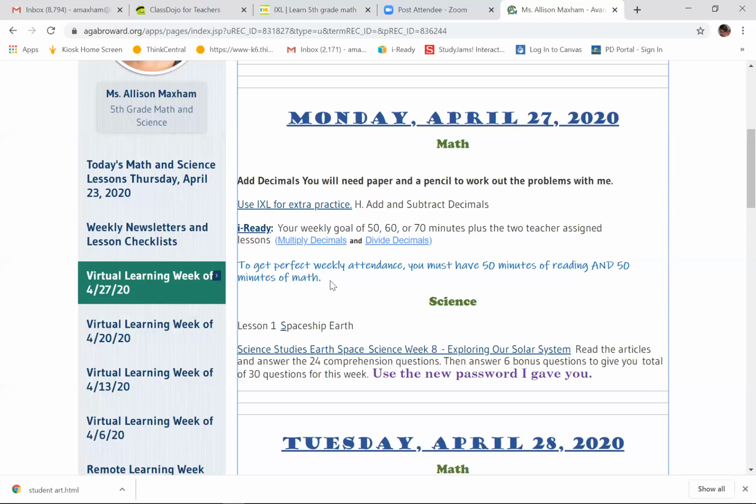Another reminder, you must have 50 minutes of reading and 50 minutes of math. And have you been noticing on Class Dojo, when you have perfect attendance, you're getting bonus points. I'm handing out dojo points for extra credit activities, and for students who are going onto their portfolio and posting things, right?